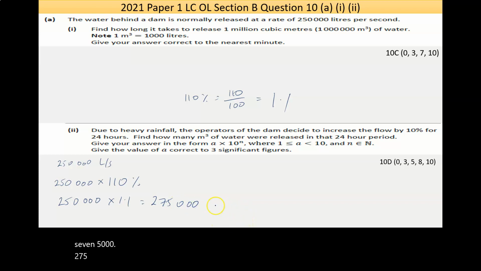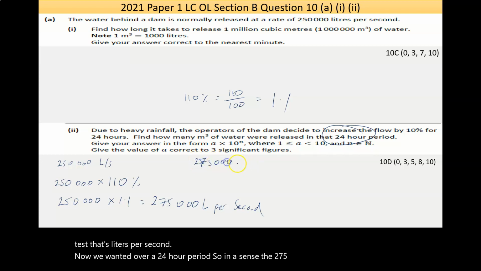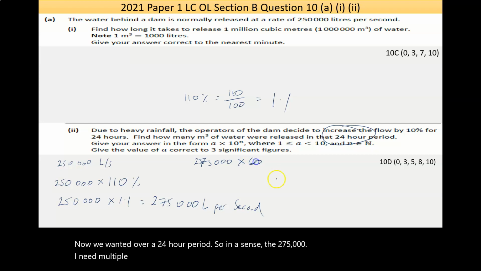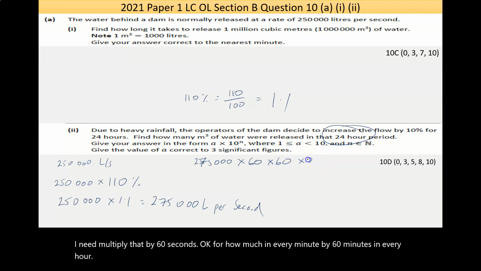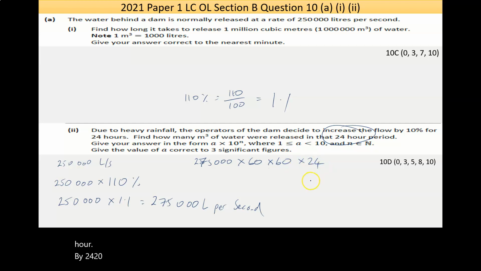Now, that's liters per second. We want it over a 24-hour period. So in a sense, the 275,000, I need to multiply that by 60 seconds for every minute, by 60 minutes in every hour, by 24, because there are 24 hours in a day.